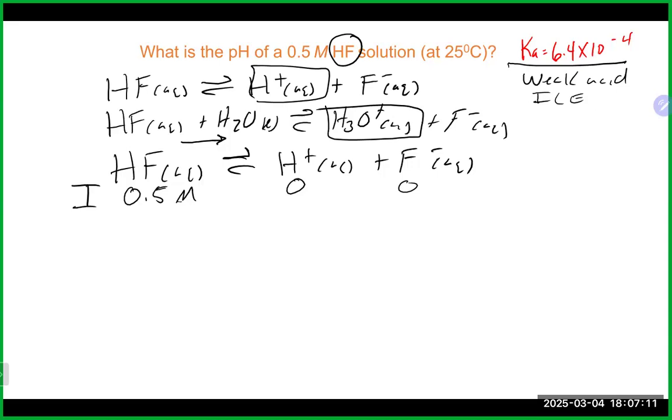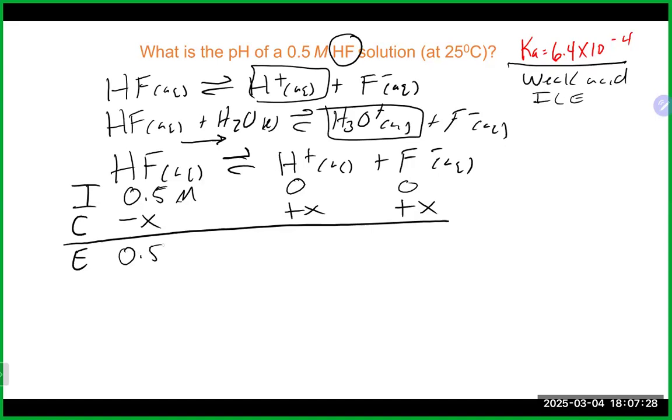So that should kick off the forward direction. That also should make us feel pretty confident that when we get to the change part, the minus should be over here and a little plus action should be on the product side, right? Now we could just bring this down. We got 0.5 minus x, x, and x. Any questions on the ICE table there?